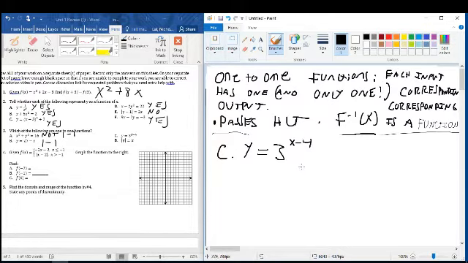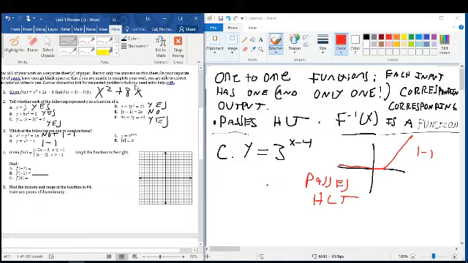This is just an exponential function shifted right 4. Essentially the function is going to look something like this, shifted right, a function that's going to look like that. That's one-to-one, passes the horizontal line test.